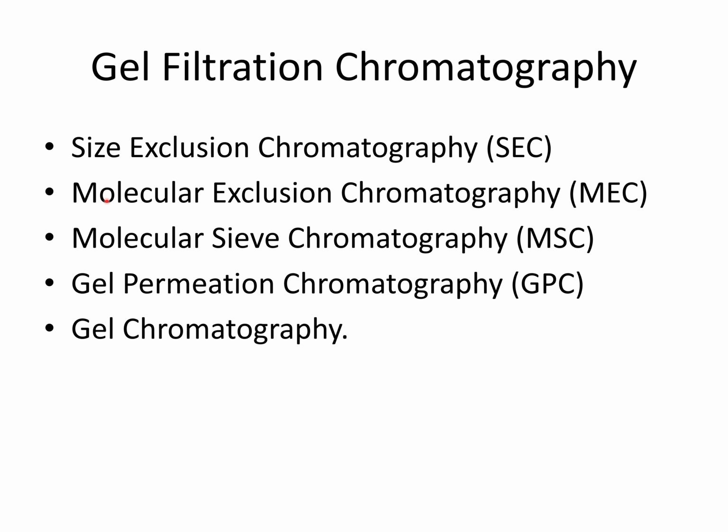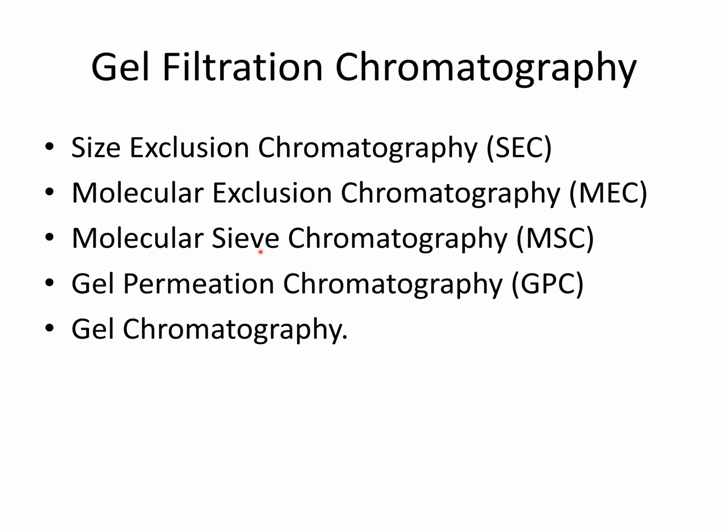Then it is also called molecular exclusion chromatography, because molecules are getting separated and excluded in accordance with their size and shape. Then it is also called molecular sieve chromatography or MSC, because in this case sieving is being performed. Particles are getting separated based on their size.